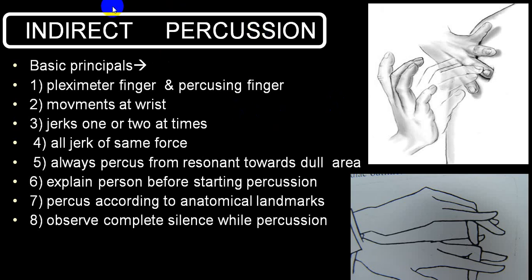After putting the pleximeter finger, you use a percussing finger, either the index finger or middle finger of the right hand, and a jerk is given one or two at a time, by movement at the wrist. All the jerks should be of the same force. Whenever you want to do a deep percussion, then only the jerk should be with a little extra force. And always percuss from lateral to medial, that is, from the resonant area towards the dull area, so you can identify the border of the heart much better.